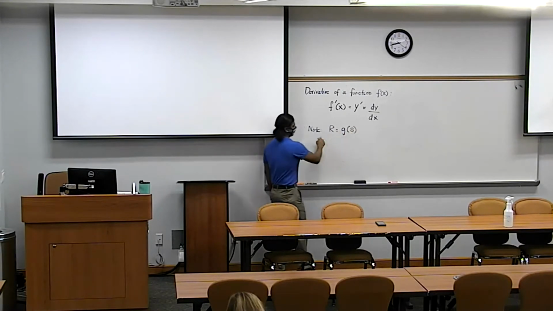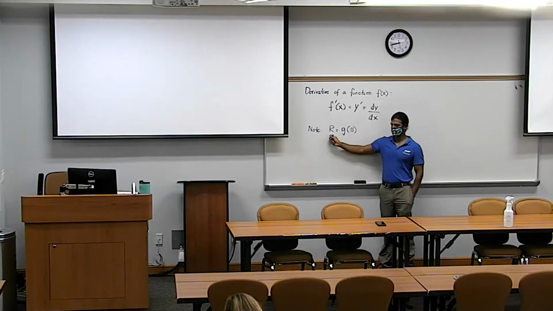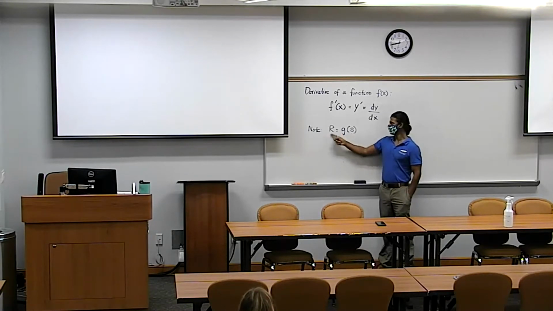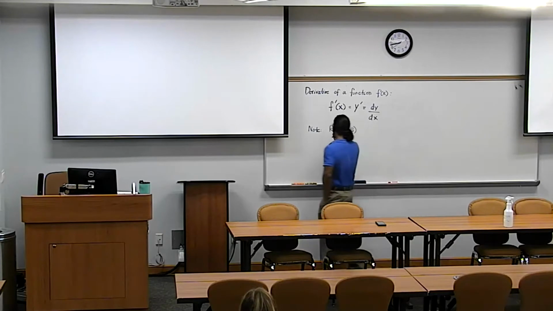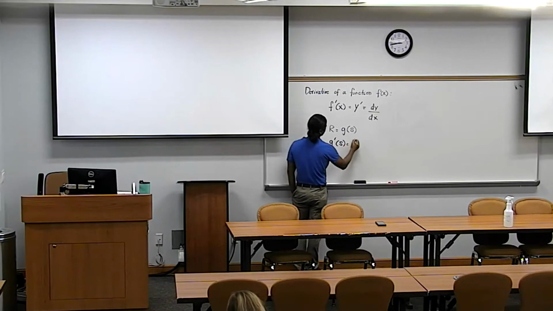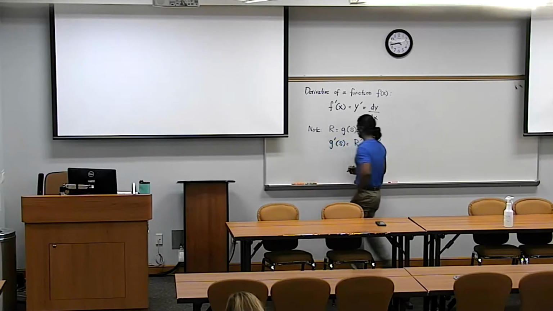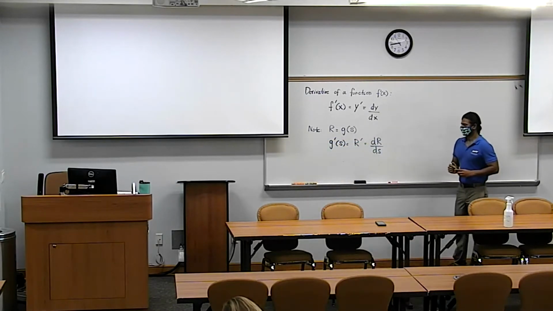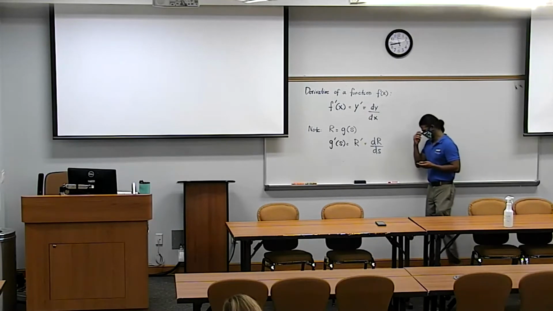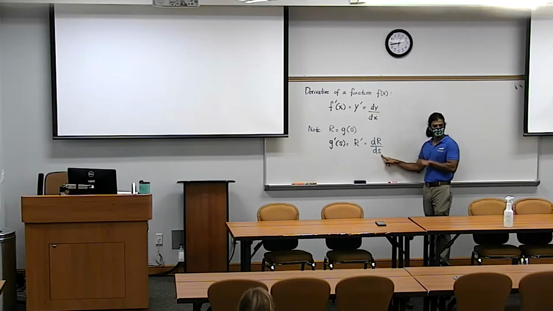But the key thing to note is if the dependent and independent variables change, so if I have the dependent variable as r and the independent variable as s, r is a function of s, and that function is g. So how would the notation change? Here it would be g prime of s equals r prime. You have dr divided by ds. So the key to note here is to take the derivative of the dependent variable with respect to the independent variable.